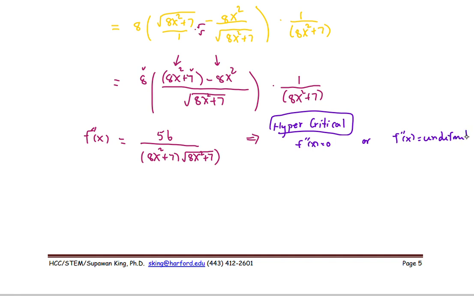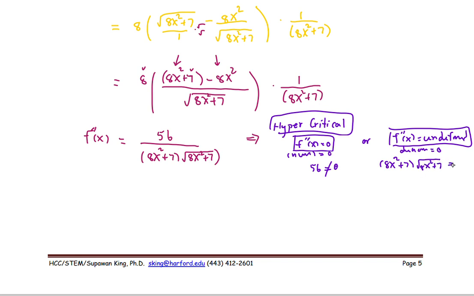For f double prime equals 0, we look at the numerator equals 0. In this case 56 is never 0, so that one is out of the way. The second case, when f double prime is undefined, means when the denominator equals 0. So we let the denominator, 8x squared plus 7 times the radical 8x squared plus 7, equal 0.